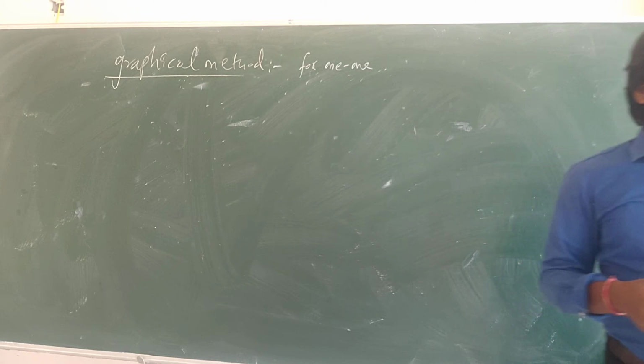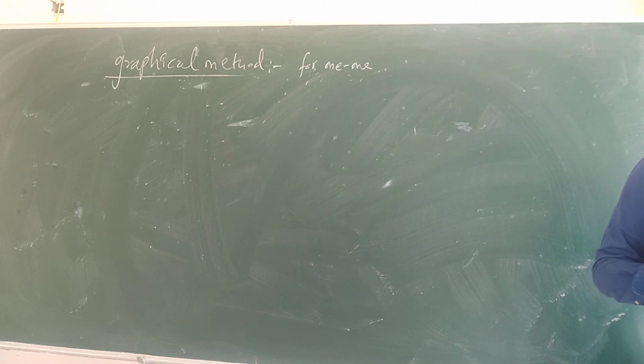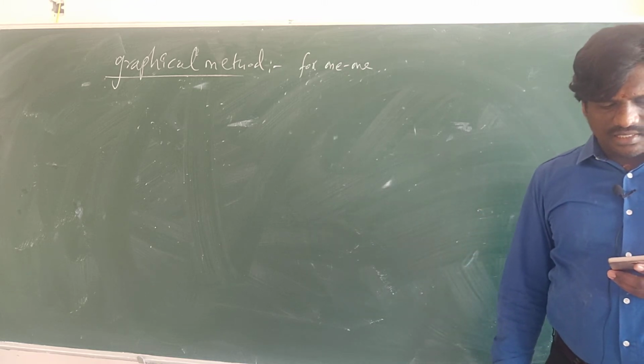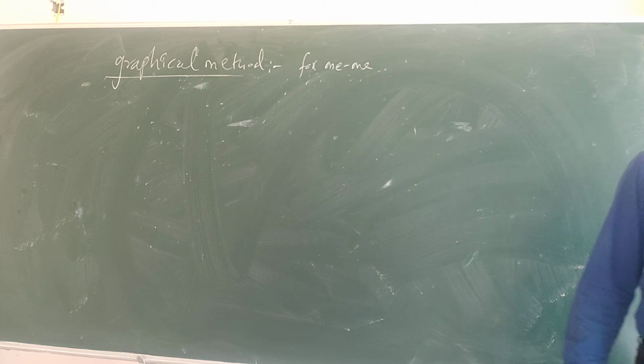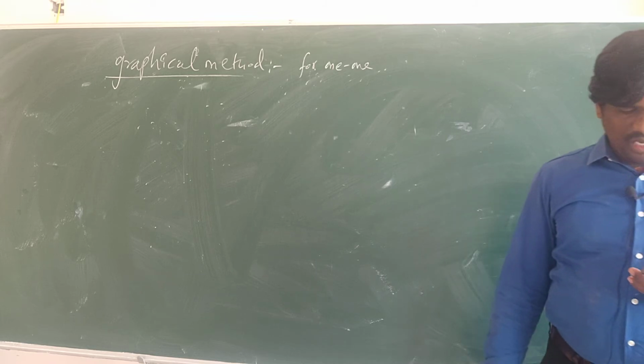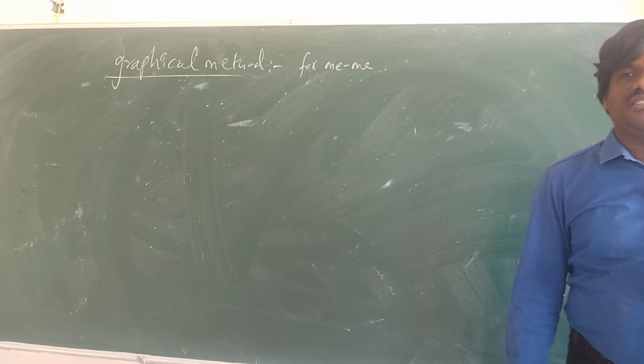A function is said to be a one-one function graphically if a straight line parallel to the x-axis intersects the graph at only one point, then it is a one-one function.